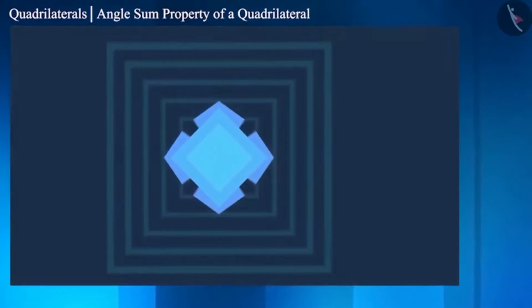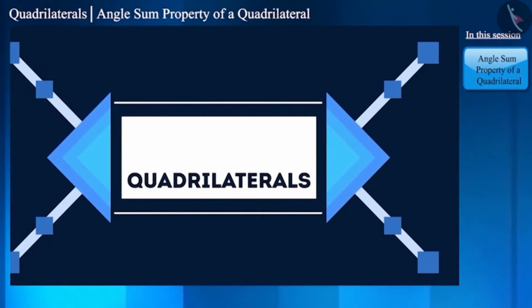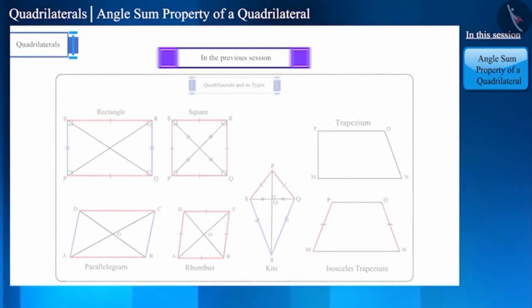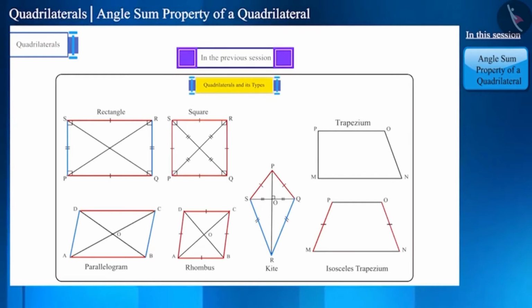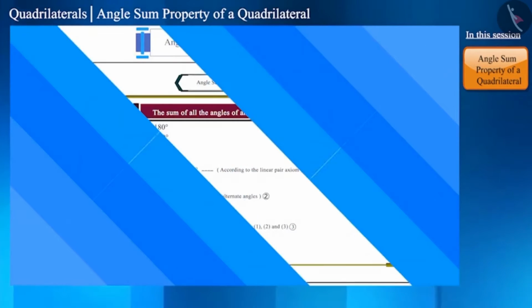Hello friends, welcome to this video on quadrilaterals. In the previous video, we discussed quadrilaterals and their types. Today, we will discuss the angle sum property of a quadrilateral. So let's start.